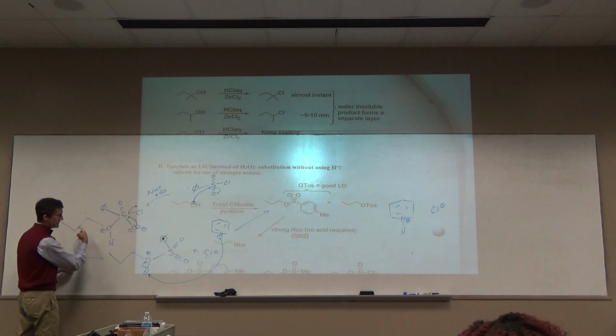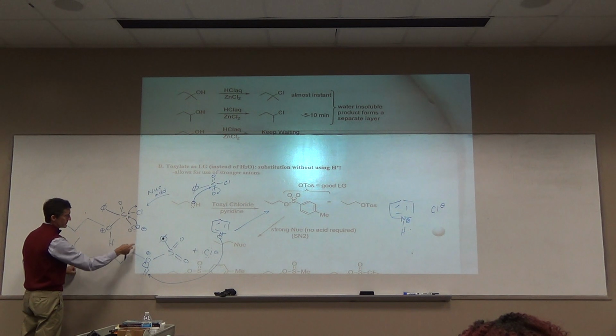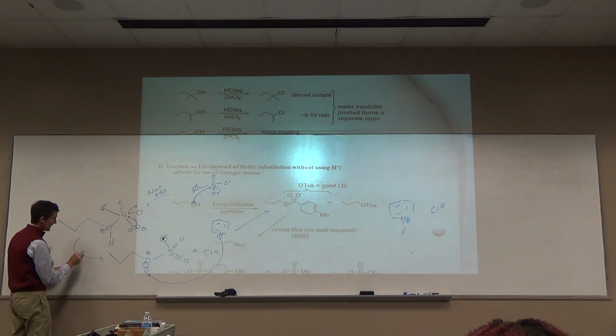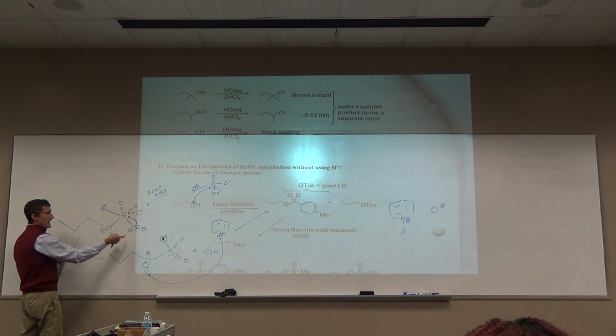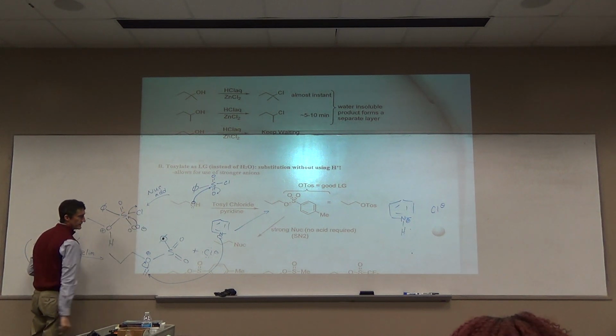What are you going to call this step here? Very important. We're going to call this an elimination. We're then eliminating the chloride.